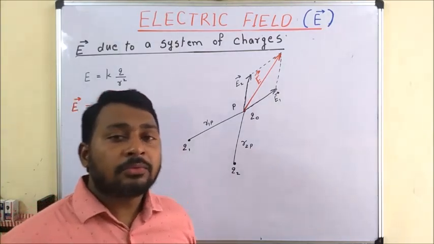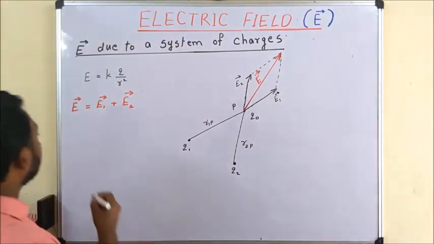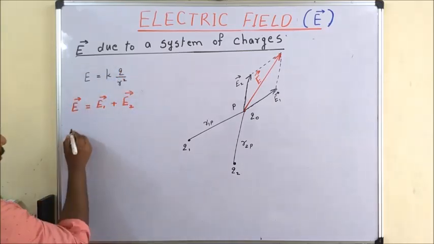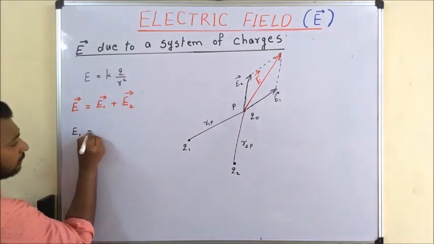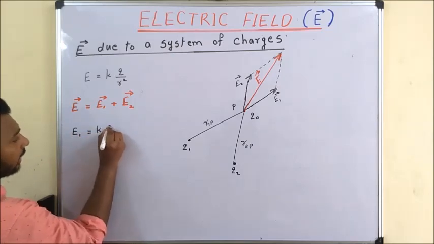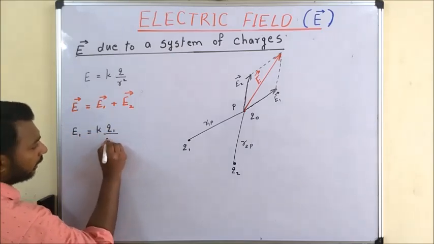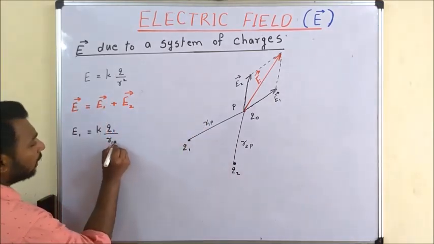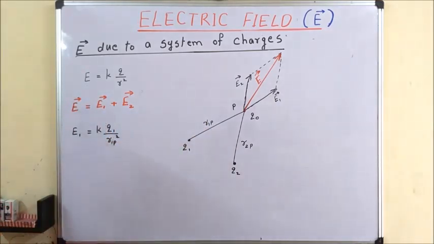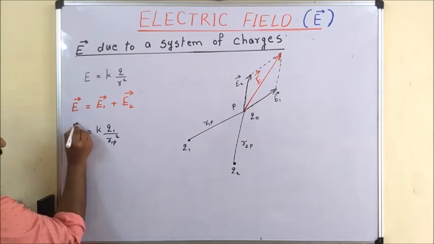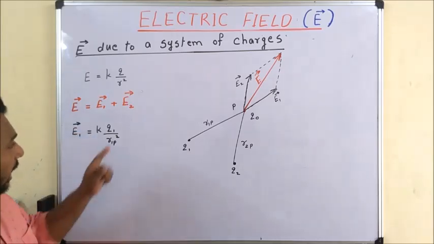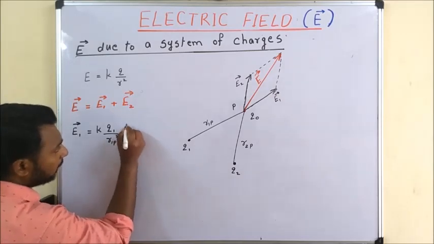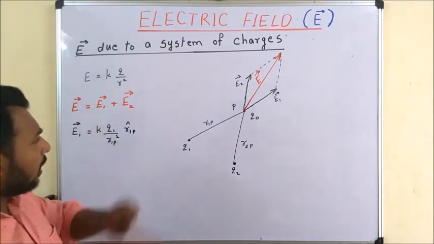What will be the value of E1? Look at this, E is equal to K Q by R square. So E1 is equal to K Q1 divided by, what is the distance? R1P. So it will be R1P square. But I need the vector quantity, it is E1 vector. So on the RHS I write the R1P unit vector. What is the R1P unit vector?